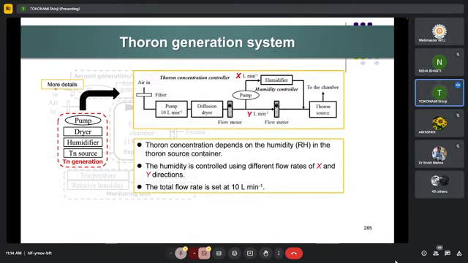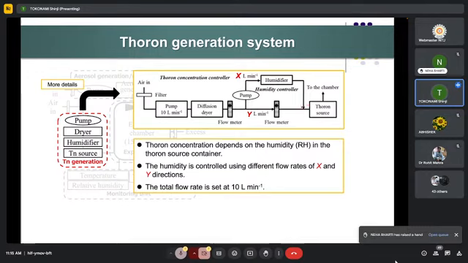In detail, for the thoron generation system, open air goes in through this filter and by pump. Then the air is dried in this diffusion dryer, goes through the flow meter and is divided into 2 routes. The first one, this air goes through the humidifier. The other one is only dry air, going this way.